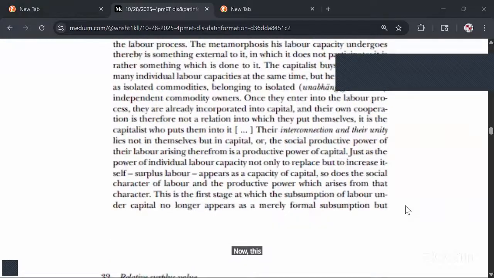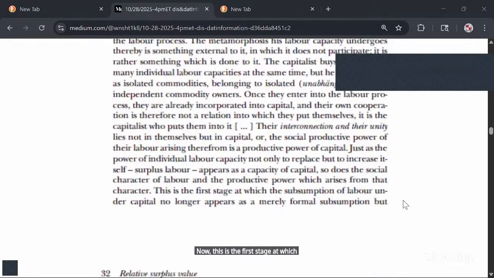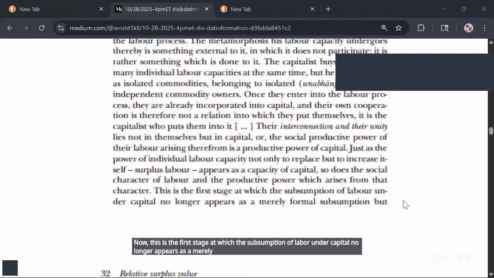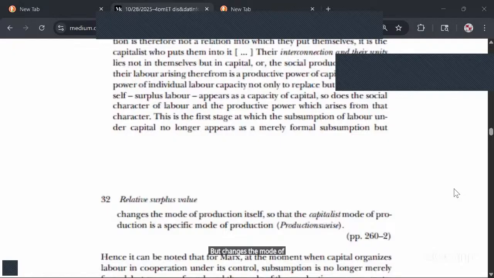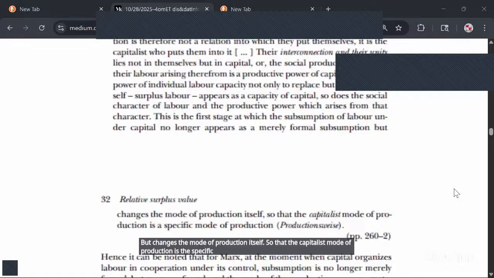Now, this is the first stage at which the subsumption of labor under capital no longer appears as a merely formal subsumption, but changes the mode of production itself, so that the capitalist mode of production is the specific mode of production, close quote.